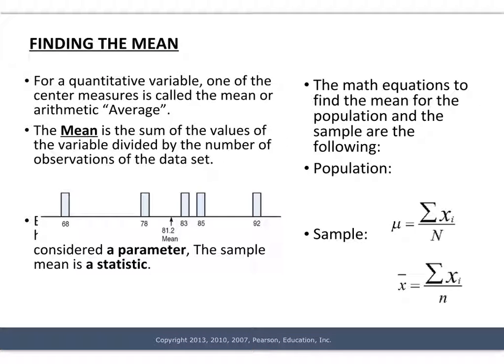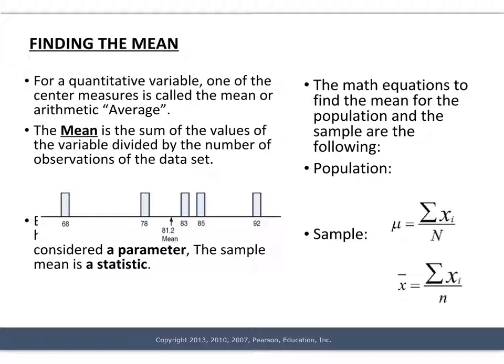So for a quantitative variable, a variable that has measurements, one of the central measures is called the mean, or arithmetic average. The mean is the sum of the values of the variable divided by the number of observations of the data set.